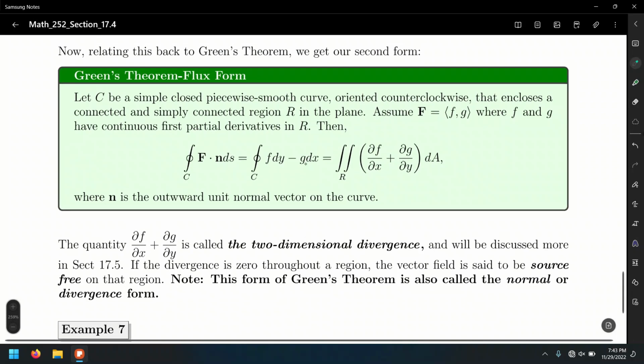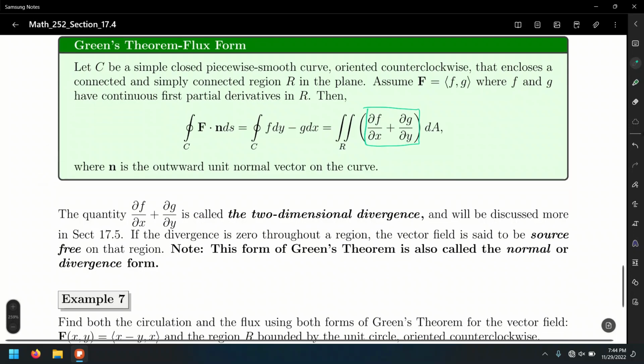It's going to be essentially the same, except that these partial derivatives now both have positive signs. We take the partial of F with respect to x and the partial of G with respect to y. That's the divergence for now. Let's just use it as is.